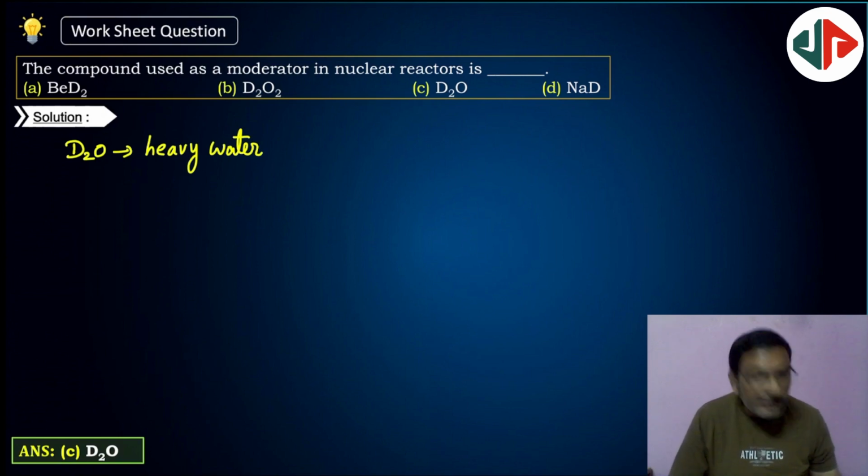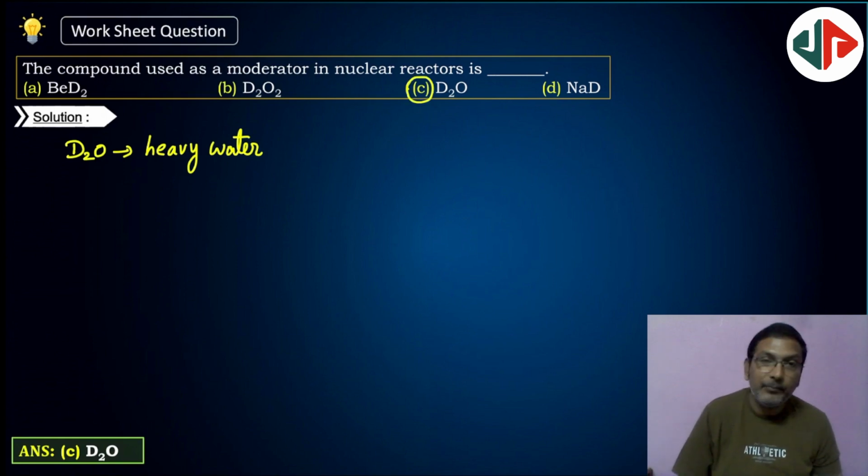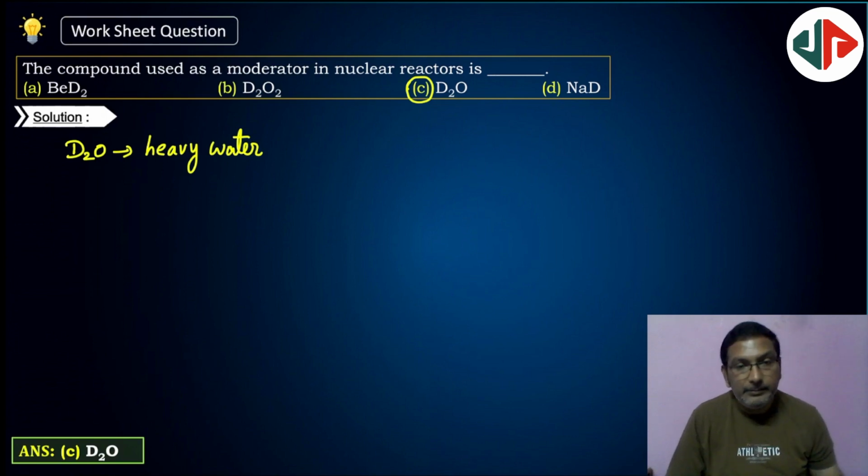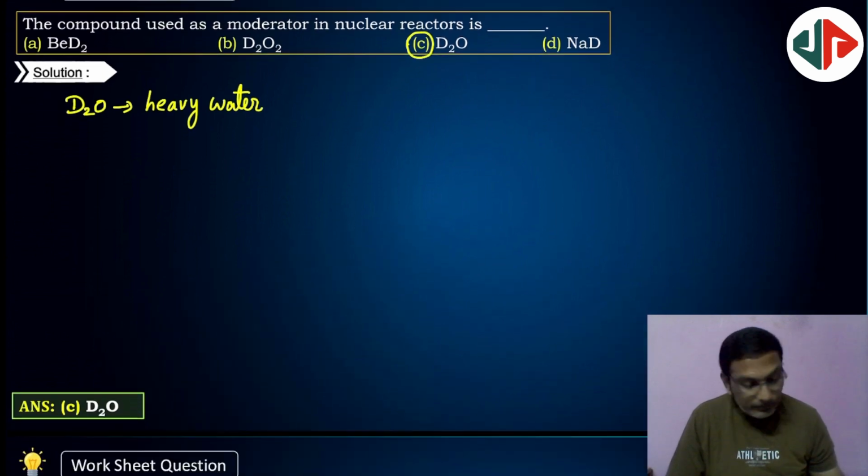So therefore, option C, D2O, heavy water. It controls the speed of fast moving neutrons in nuclear reactors. Most important use of heavy water. Next.